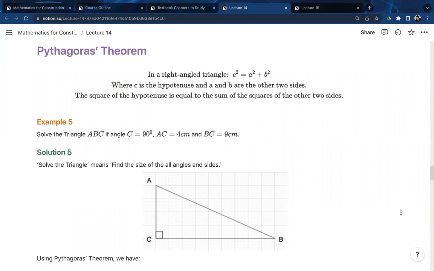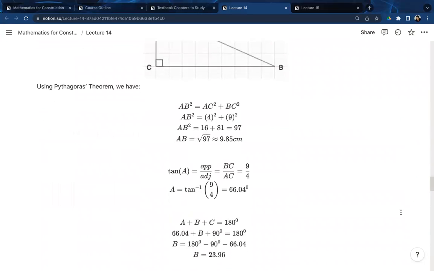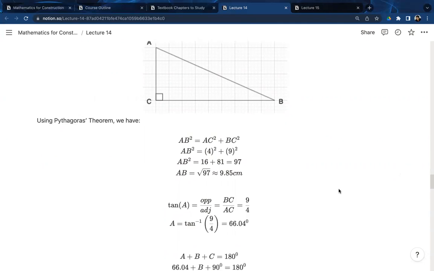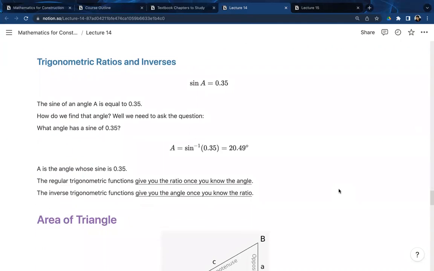If I give you 2 sides in a triangle, you could find the other side even if you don't know the angles. So Pythagoras' theorem could be used, but only if it's a right angle triangle. If it's not a right angle triangle, Pythagoras' theorem is replaced by the cosine rule, which we saw after in general trigonometry.